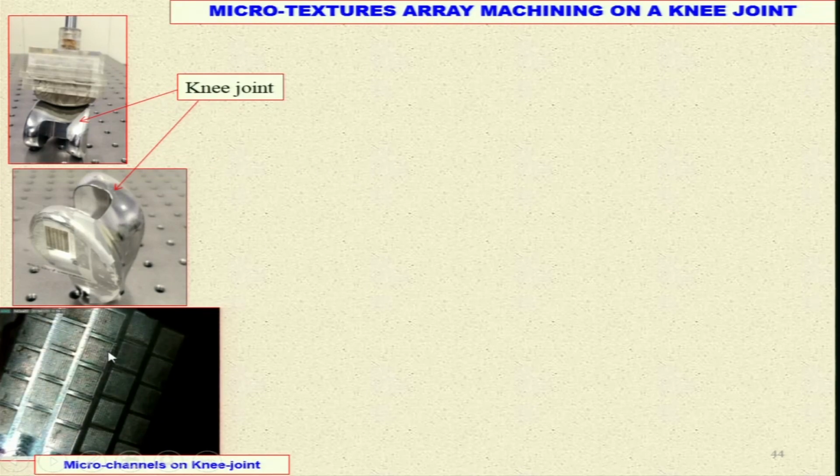These are the different kinds of textures that can be created, and you should know that these knee joints have a free form surface. So it is very difficult to create the correct type of microtexture by other methods. So this flexible porous electrode can be used for this particular purpose.